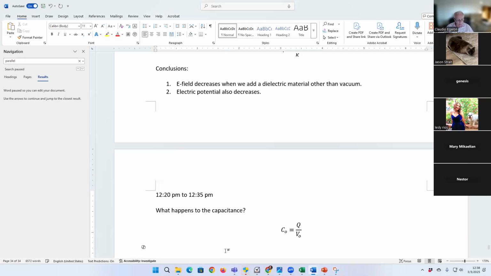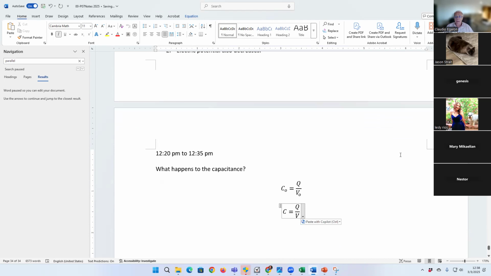The charge shouldn't change. The charge should remain the same, because your capacitor is connected to a battery and you have that metal plate of the capacitor. I kept Q here the same as this Q here. Notice that I have C naught here, C here, and V naught here, and V here. The Q remains the same, whether you have a dielectric or not.